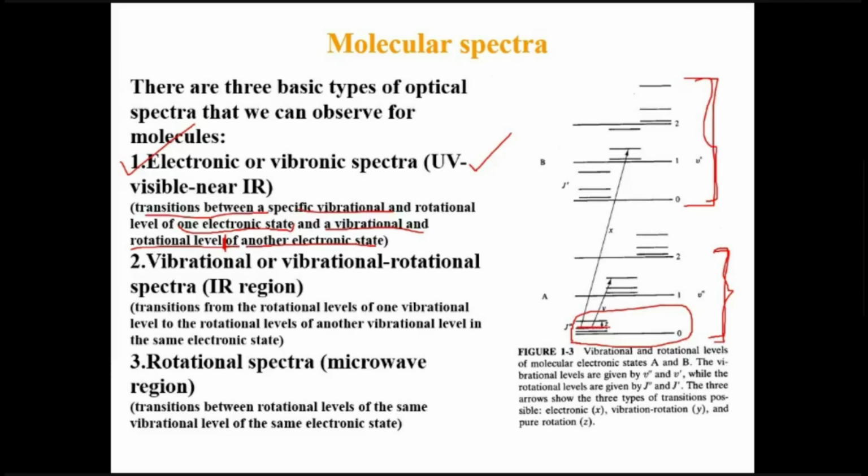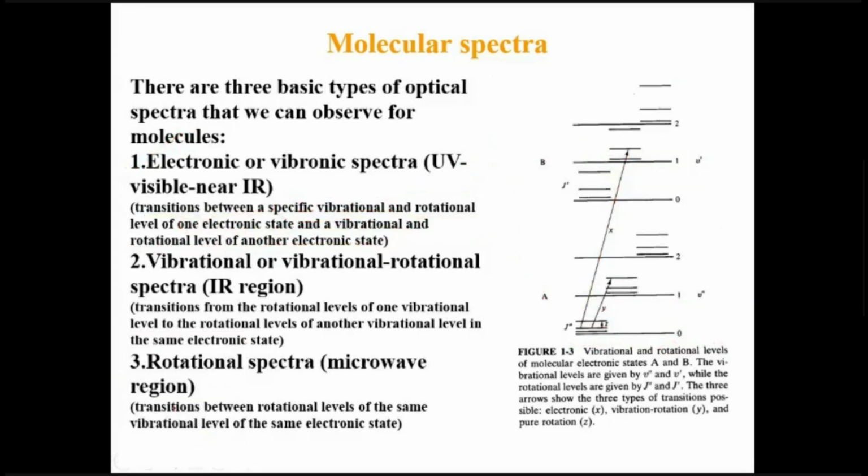Here is the energy of the molecule. From this, energy is absorbed and it jumps to over here, which is the second level of vibration and second level of rotation. So it is between a specific vibration and rotation, and the jump is to a different electronic state and vibrational state. Okay, so this is the transition.